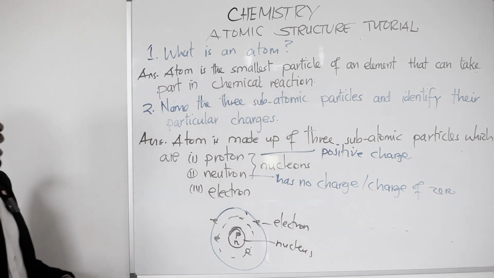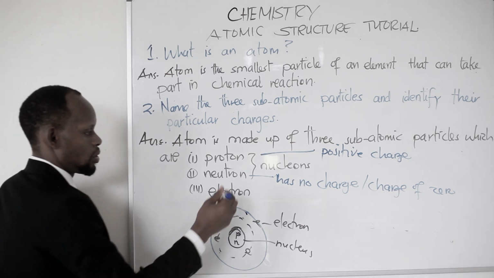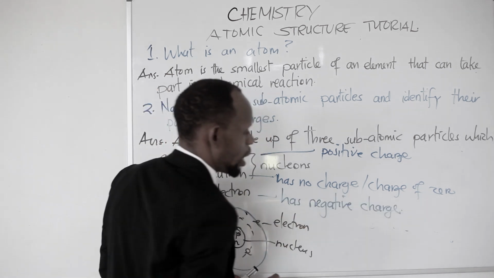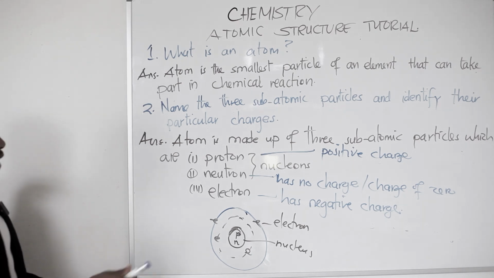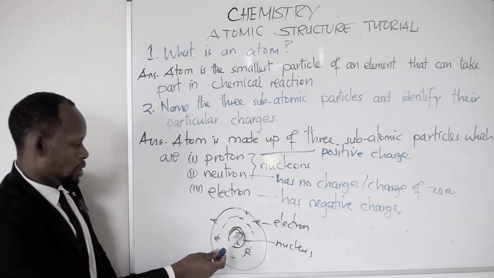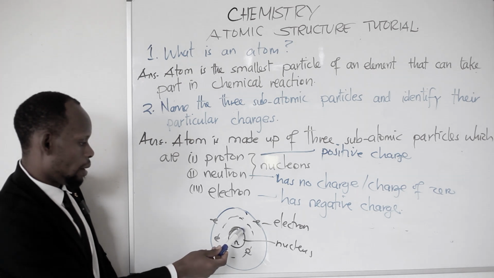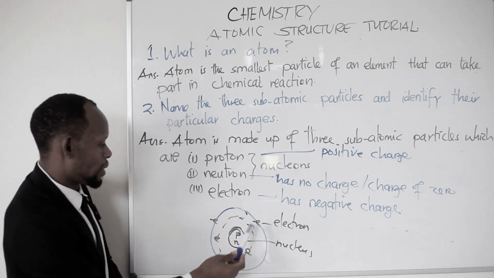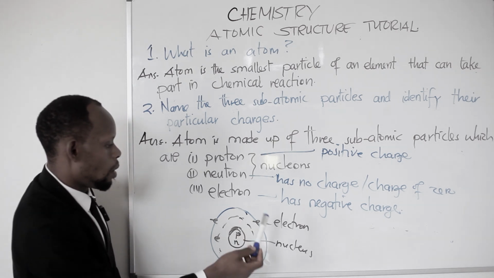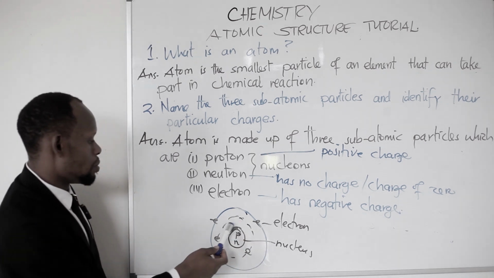Also here we have an electron. The electron has a negative charge, while the proton has the positive charge. So the positive charge of the nucleus is due to the proton.